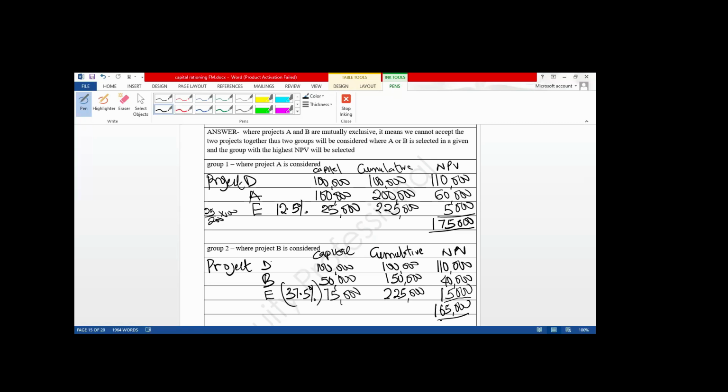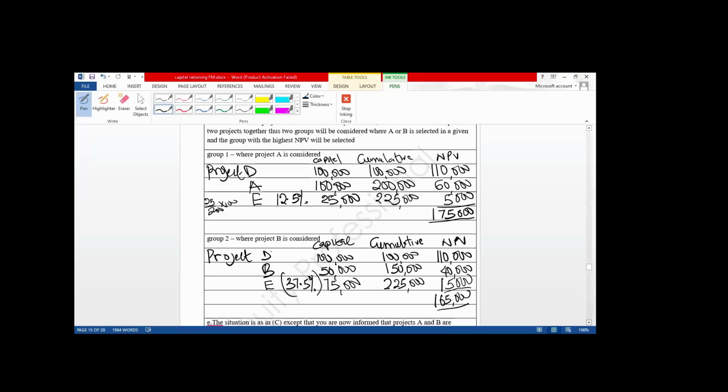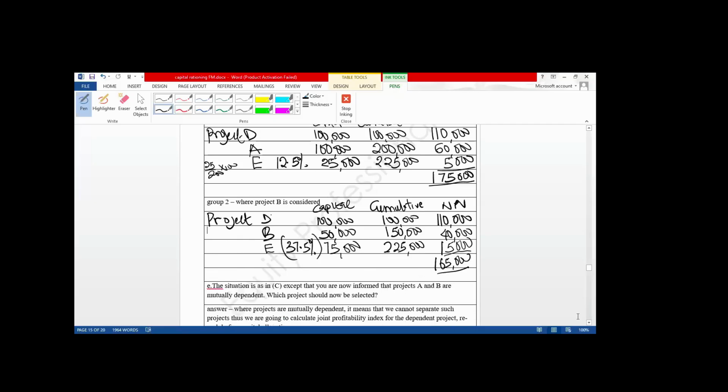If you do group 2, you consider project B, you are going to achieve 165,000 total NPV. Which one is better for you? Group 1. That group will give you the higher NPV. Your recommendation.